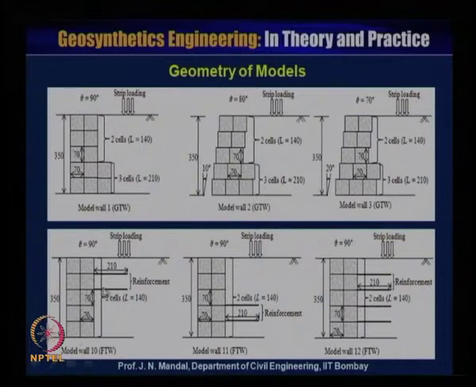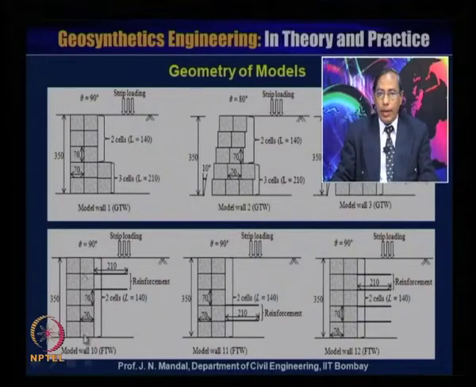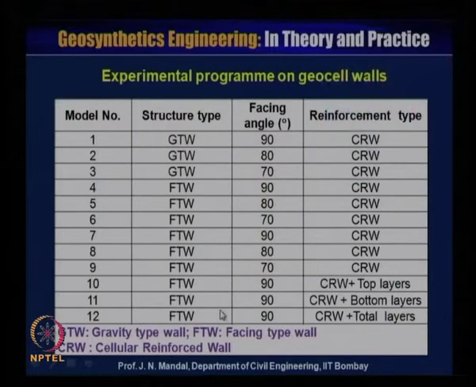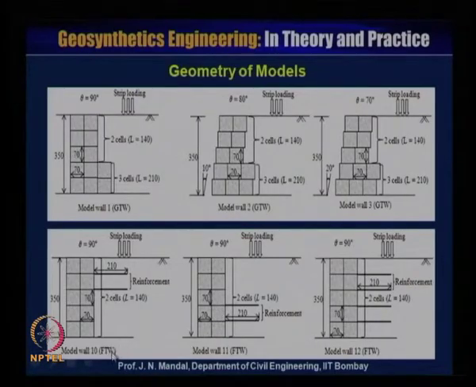Then this model wall 10 is FTW, FTW means facing type wall. So only facing, you can see this as a facing, 1, 2, 1, 2, this is cell as a facing, and this is the reinforcement.